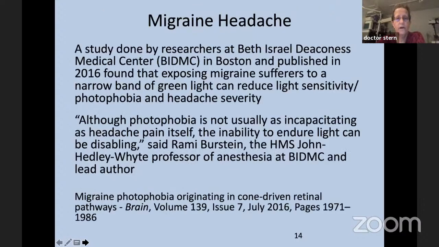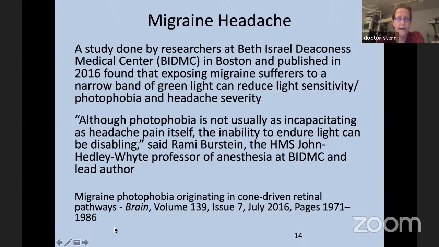So here in Boston, there was some research going on by Rami Burstein, who's at Harvard here, and he found that migraine sufferers reacted well to a narrow band of green light. And so he found that it was helpful to use this.